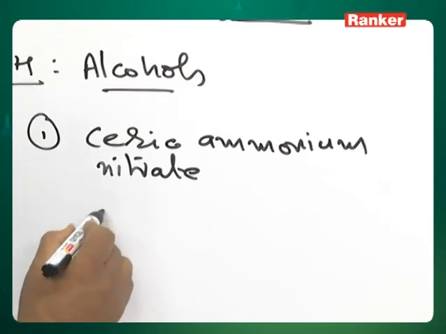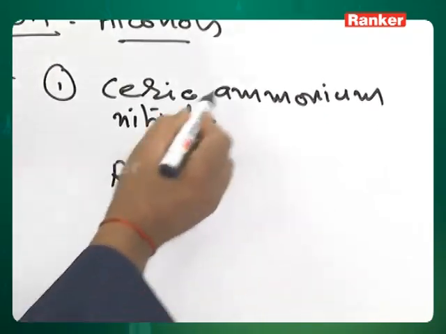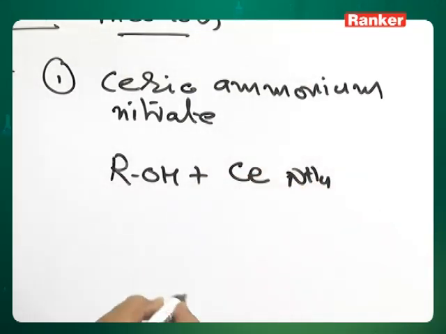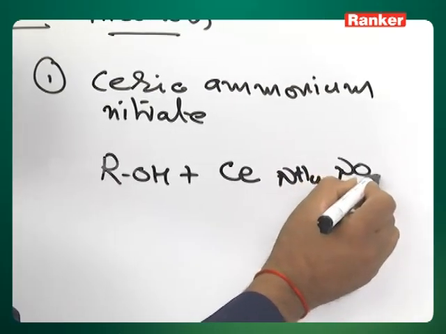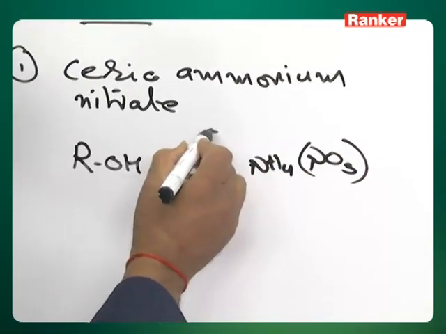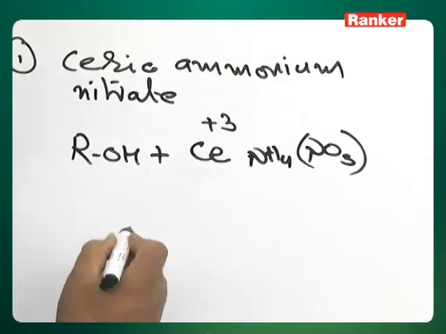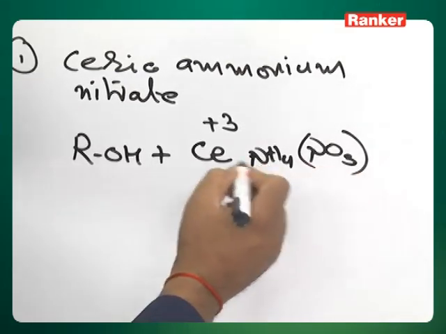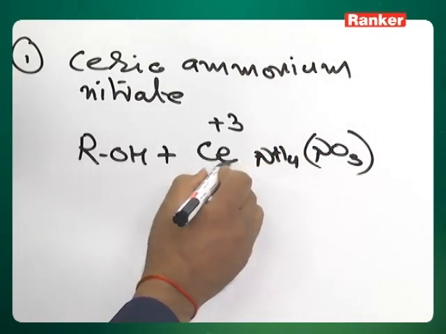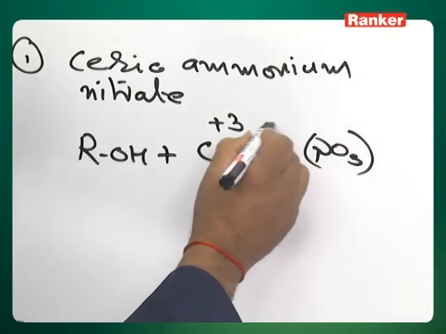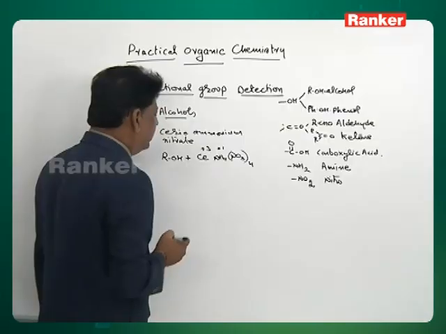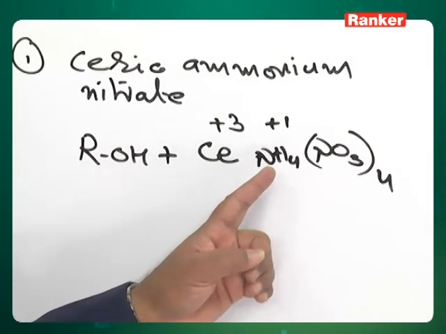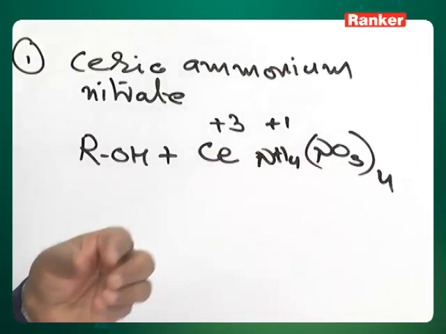Ceric is +4, so ceric nitrate and ammonium nitrate together: ceric with 4, ammonium with 1, so 6 nitrates will be there. Ceric ammonium nitrate is a double salt of the ammonium nitrate and ceric nitrate mixture.